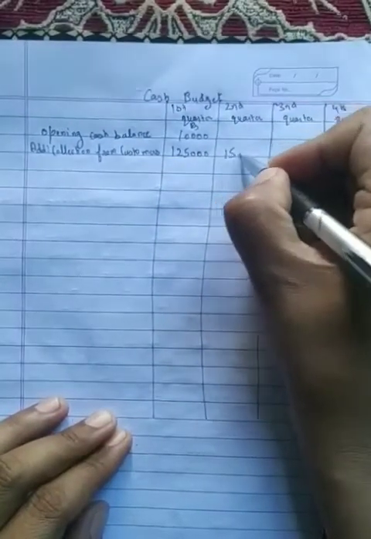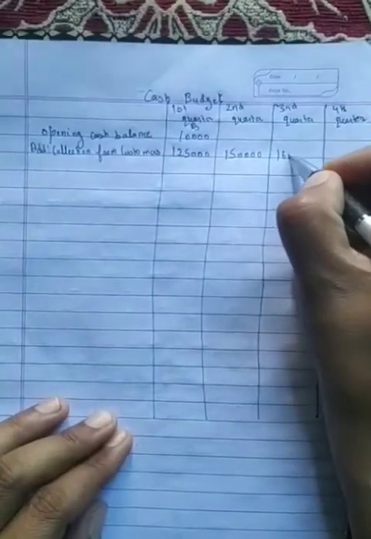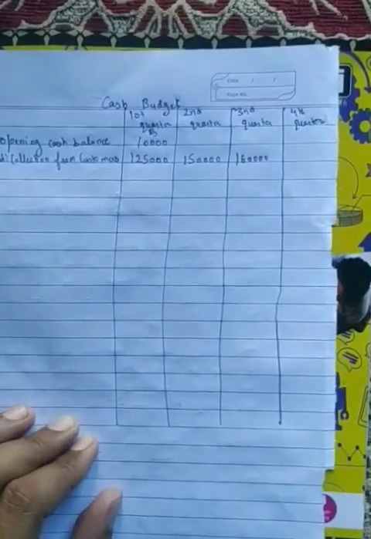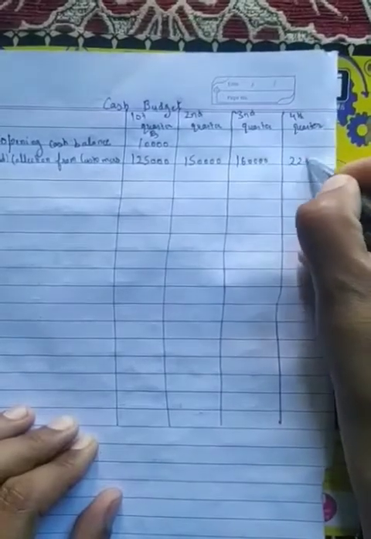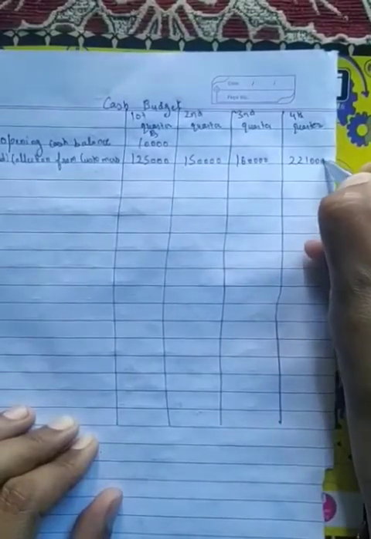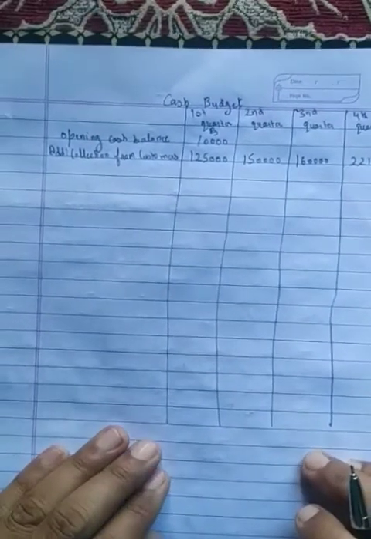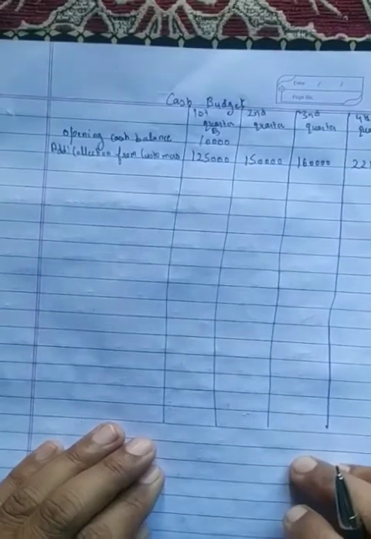Second quarter 1,50,000. Third quarter 1,60,000. And of the fourth quarter is 2,21,000.